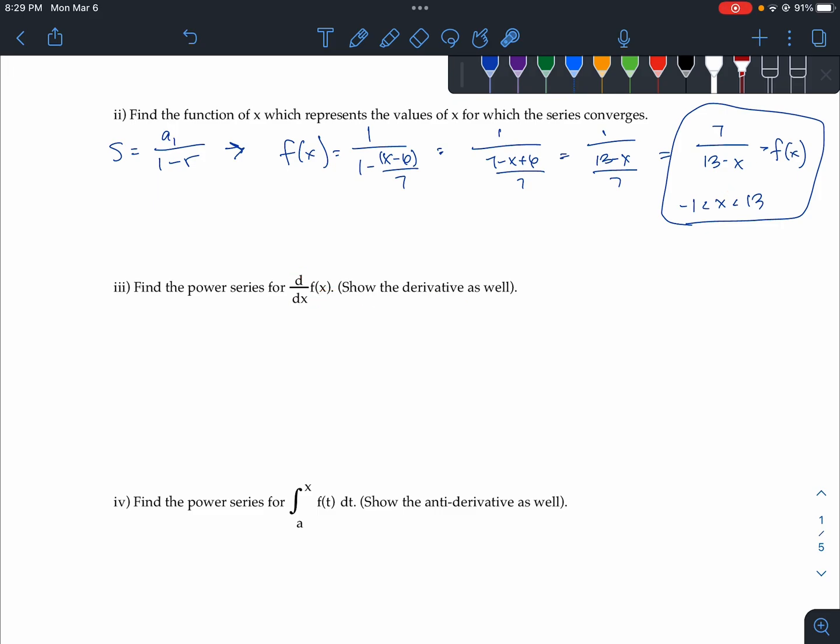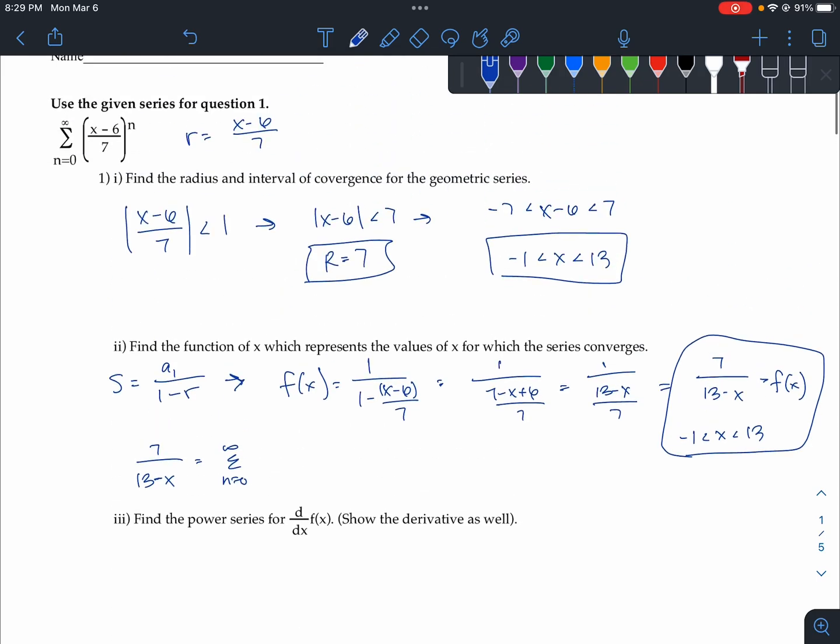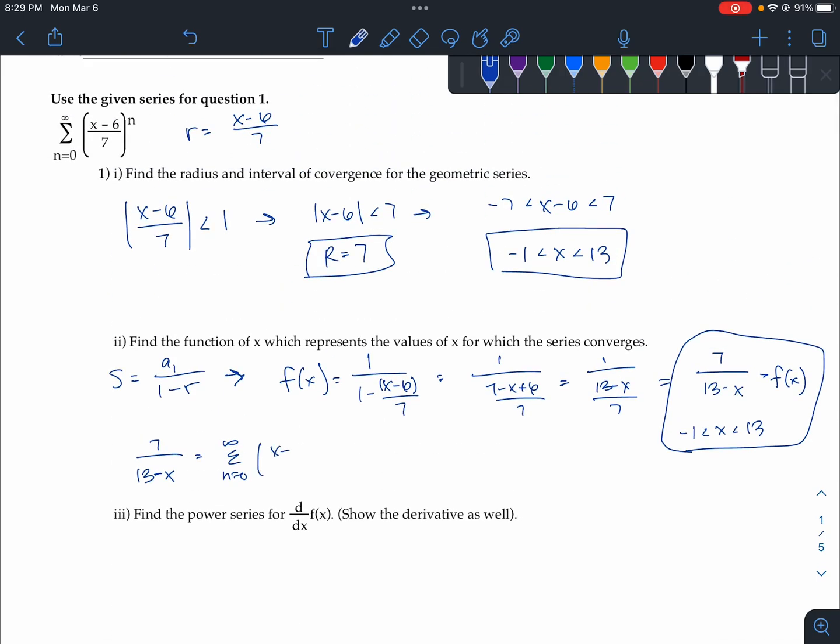Okay, for 3, find the power series for d dx of f of x, show the derivative as well. So what we've just concluded is that 7 over 13 minus x, which is our function, is equivalent to the infinite series starting at n equals 0 of x minus 6 over 7 raised to the n.